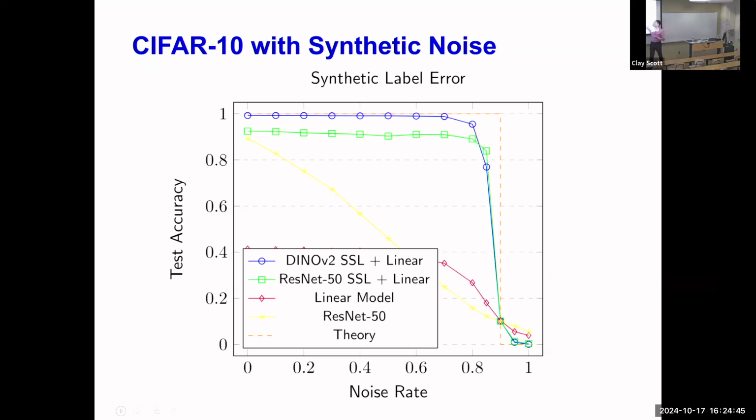This is training the full ResNet 50 architecture from scratch on noisy labels, and it degrades as you get more label noise. That's a previously observed phenomenon. But then we looked at this proposal of pre-trained features and just fitting a linear model. And we just use logistic regression to fit the linear model.